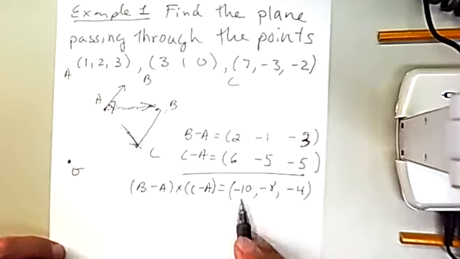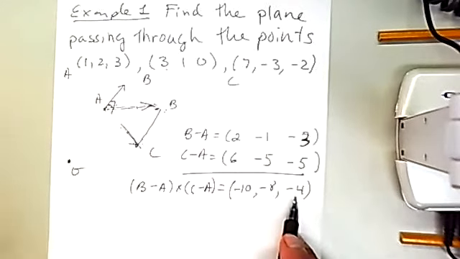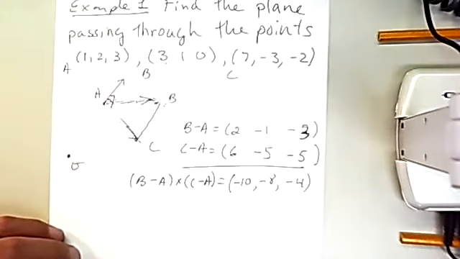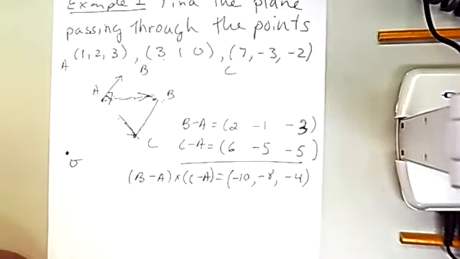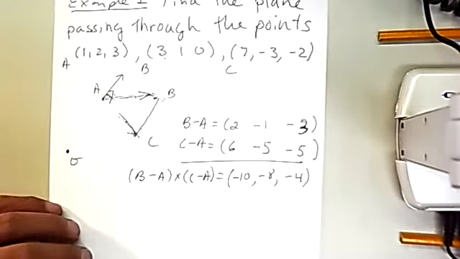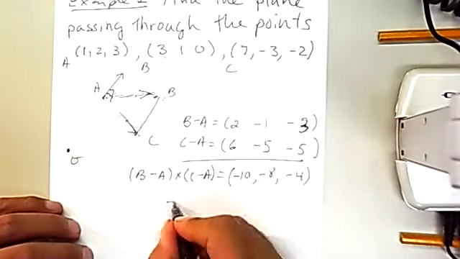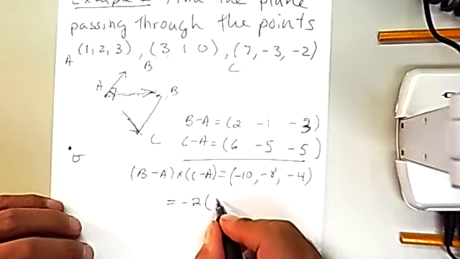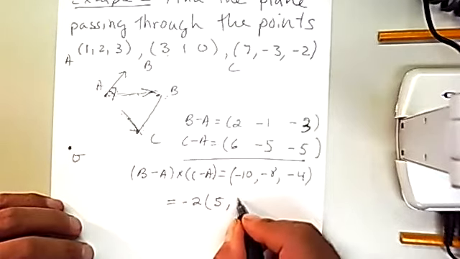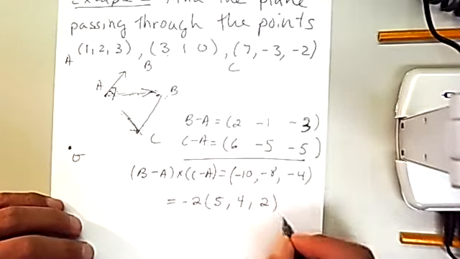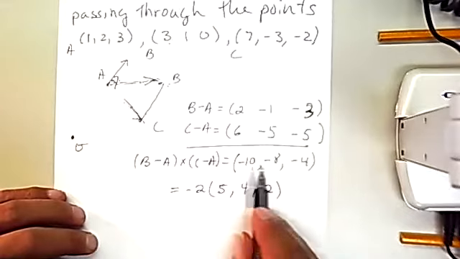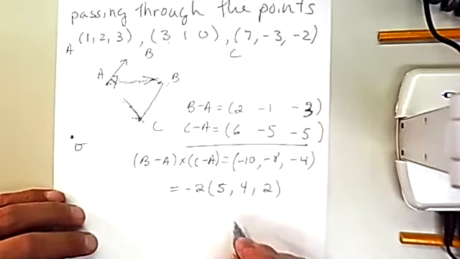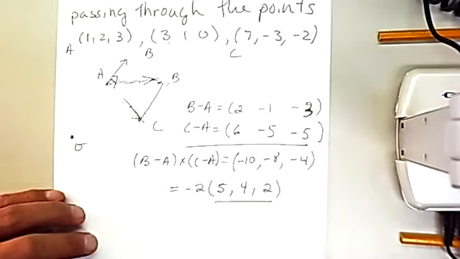Now, what we care about this vector is its direction. We don't care about its size or whether it's going one way versus the opposite way. See, we can factor out negative 2 and have simpler numbers, 5, 4, 2. And this is a direction that we want to keep.